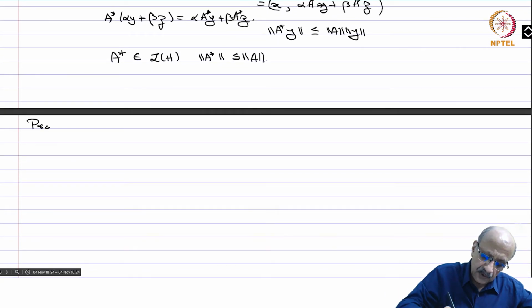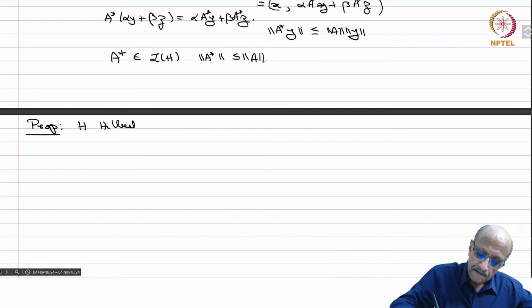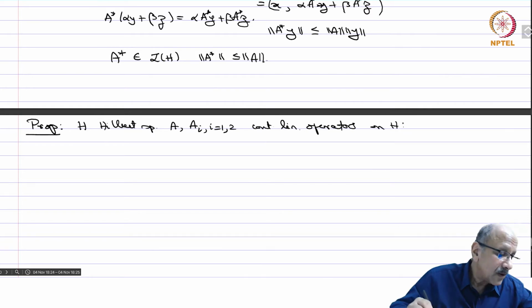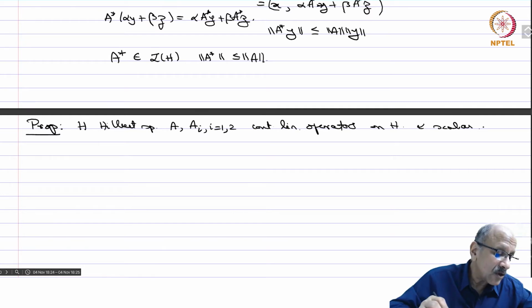Proposition: let H be Hilbert and A, A_i for i equals 1, 2, continuous linear operators on H, and alpha a scalar, generally complex.